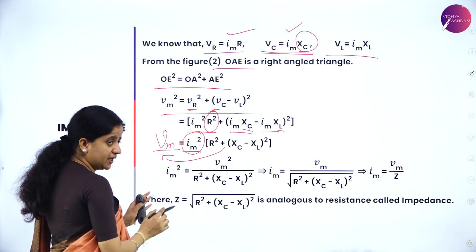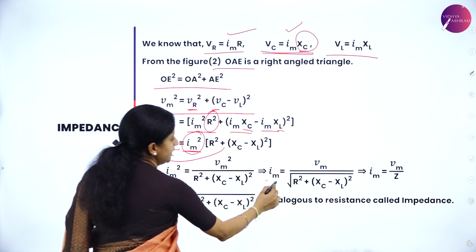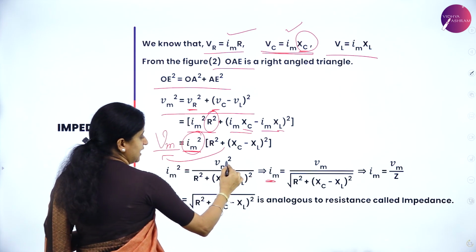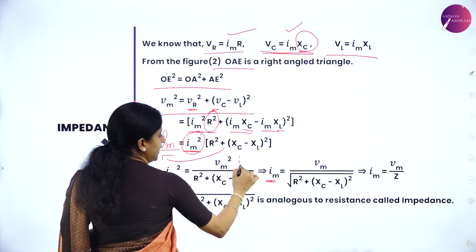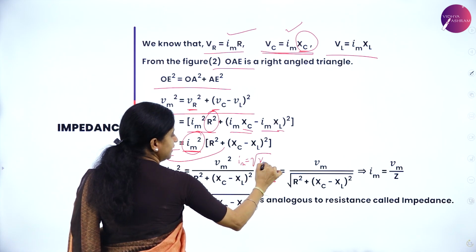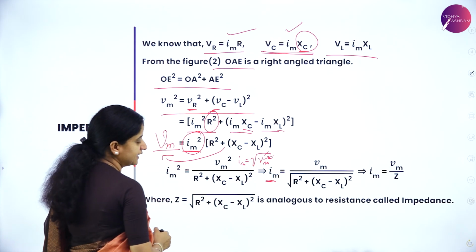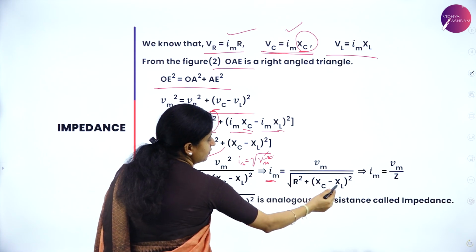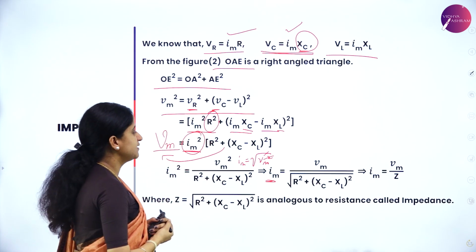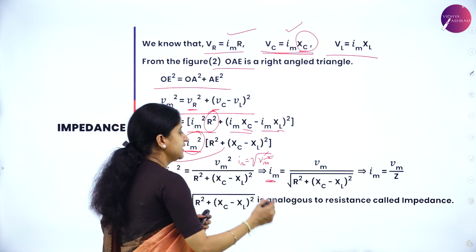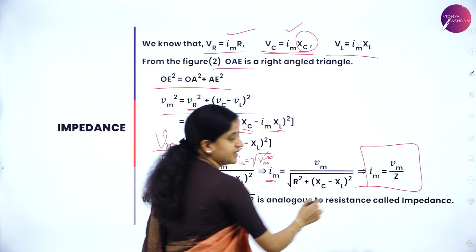Taking the square root of this equation, Im is equal to root of Vm square, and square and square root get cancelled. It is Vm divided by root of R square plus Xc minus XL the whole square, or we can write it as Im is equal to Vm divided by Z.